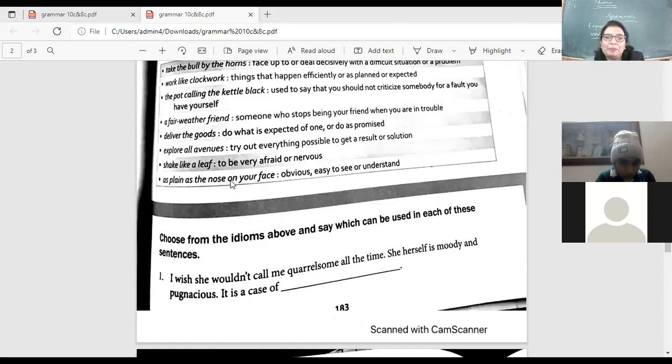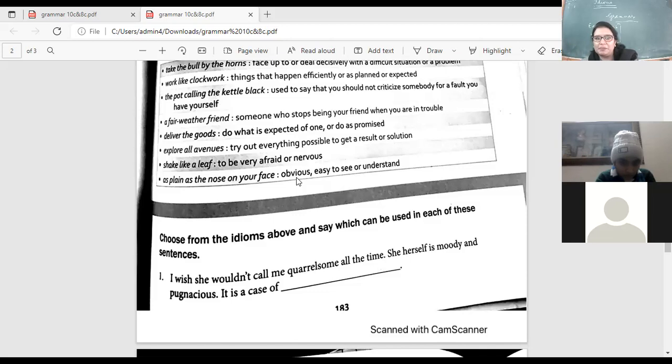As plain as the nose on your face. When you look at somebody's face, the nose is very clearly visible. Of all the features of the face, the nose is one thing which is very clear. It's quite obvious. I don't know why people don't follow instructions mentioned on the notice board.